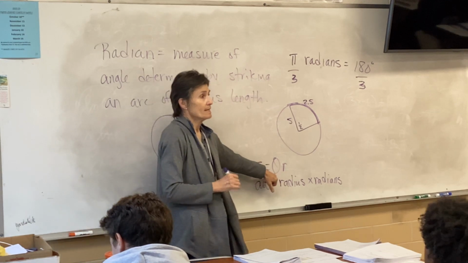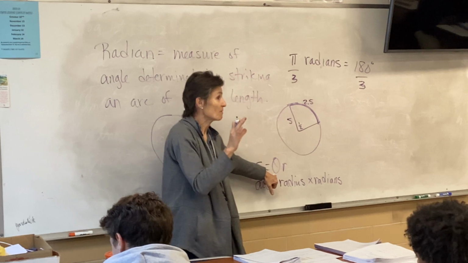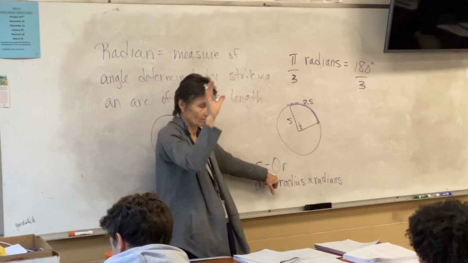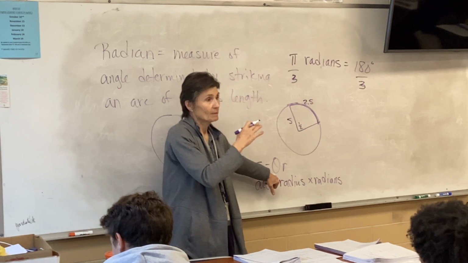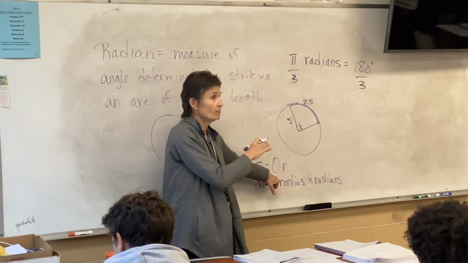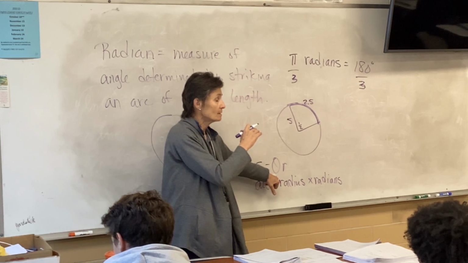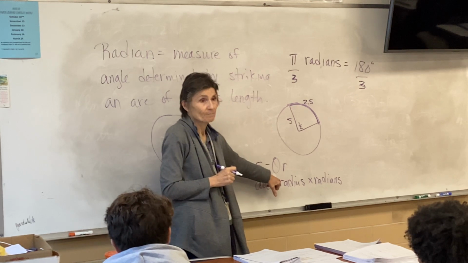Theta is a Greek letter. Trigonometry, remember Pythagoras and all those Greek guys. So we use all these Greek letters for our trigonometry notation. It's just a variable. It's theta. This is the Greek letter theta, and it just represents an angle.